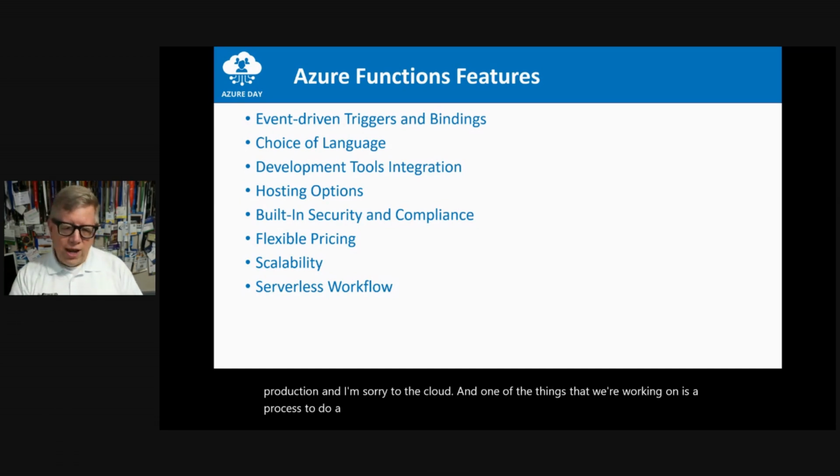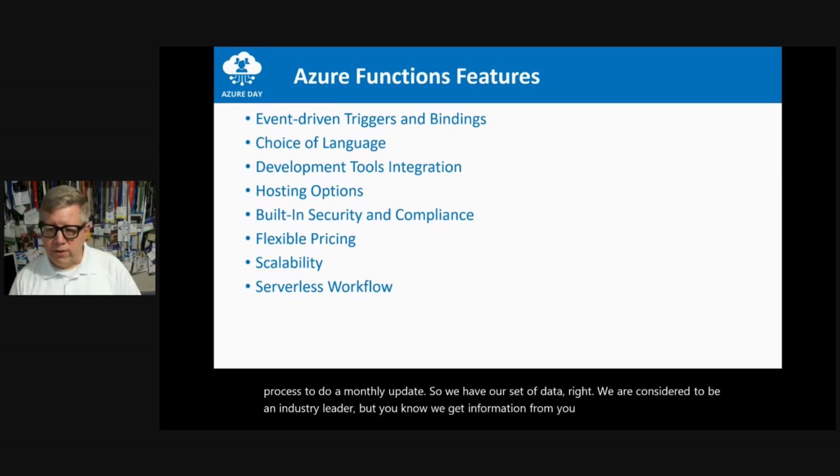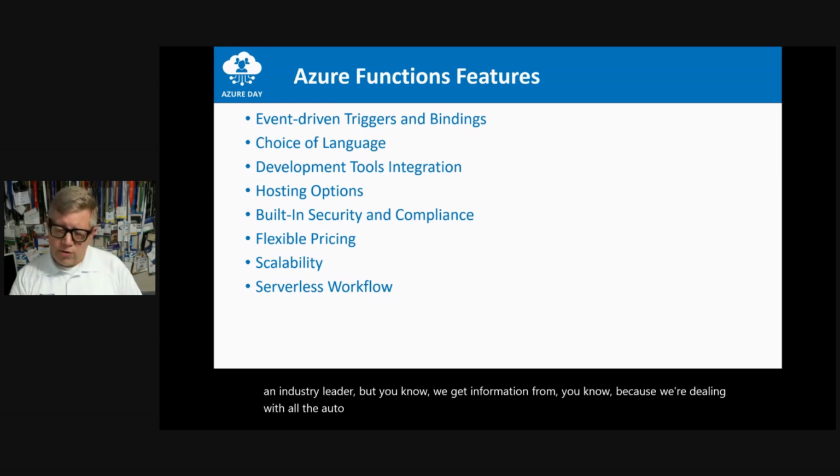So we have our set of data, right? And we are considered to be an industry leader, but we get information because we're dealing with all the auto manufacturers, mostly U.S. based, but a couple of Europeans, a couple of Japanese companies also.